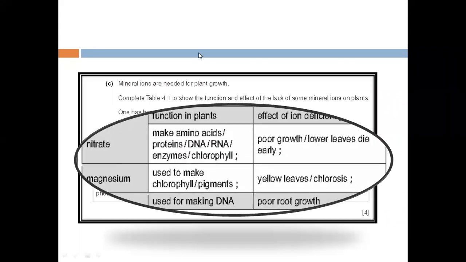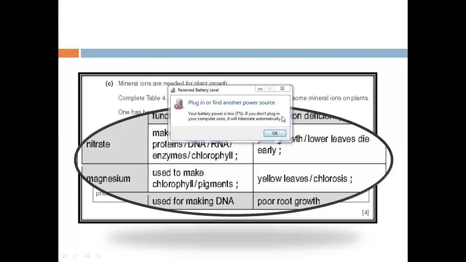It makes amino acid, protein, DNA, RNA and all these, so nitrate plays an important role because it provides nitrogen for all these structures. In all these structures, the nitrate is very essential. If it is less in the plant, there is poor growth and the lower leaves die early, right?